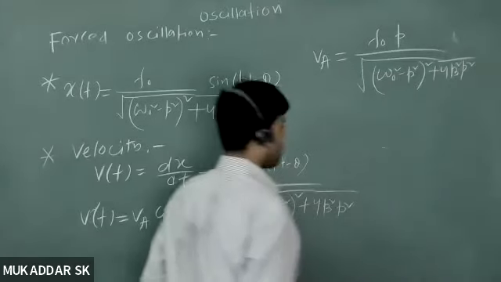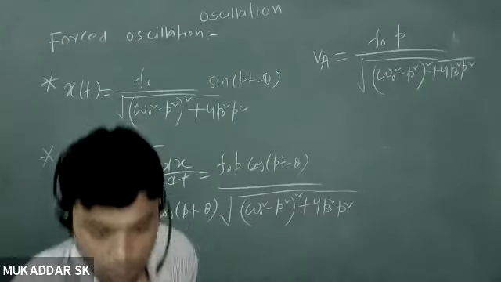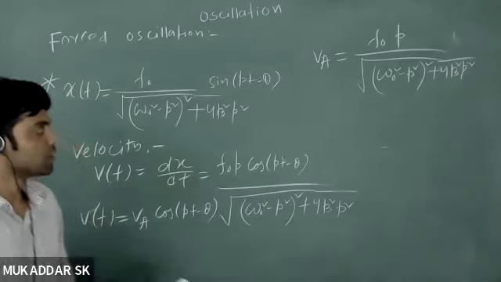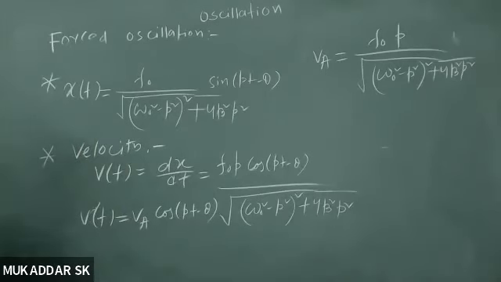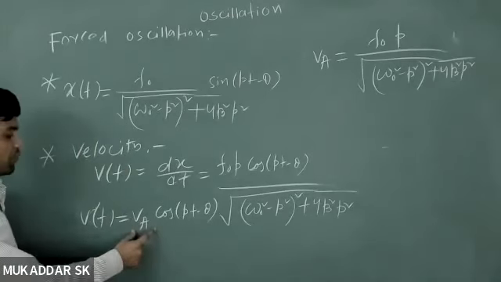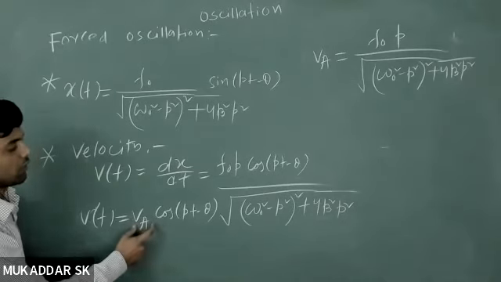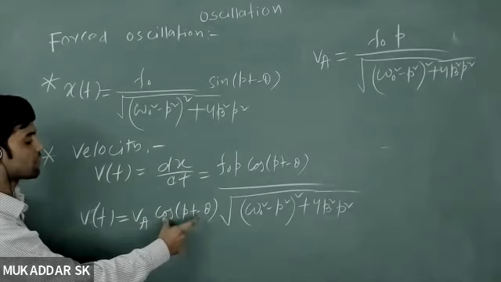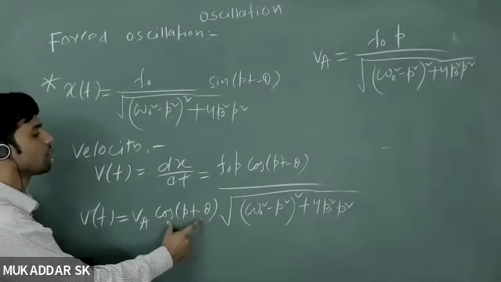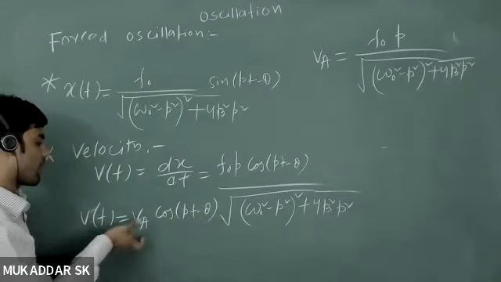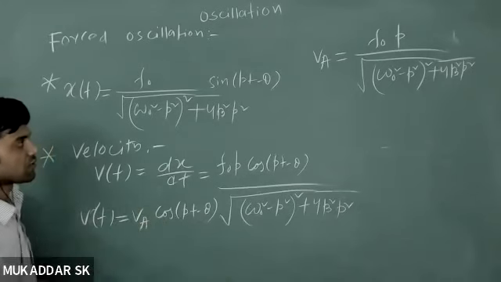This is your Va. This is like a velocity amplitude, or you can say this is the maximum velocity of forced oscillator. Because the maximum value of cos pt minus theta can be +1. So this is the maximum value or velocity amplitude, you can say.